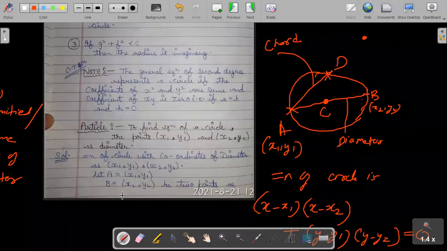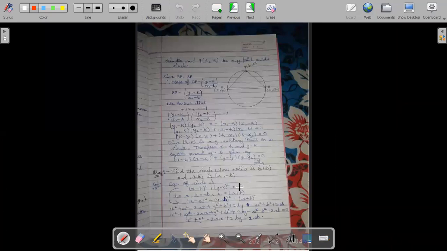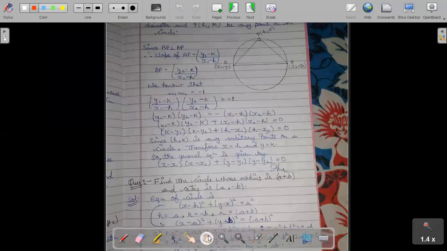Okay. So you see, what we have to find? We have to find the equation of the circle with the coordinates of diameter as x1, y1 and x2, y2. So let A be x1, y1 and B be x2, y2, 2 points on its diameter.